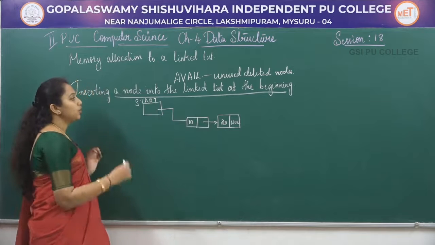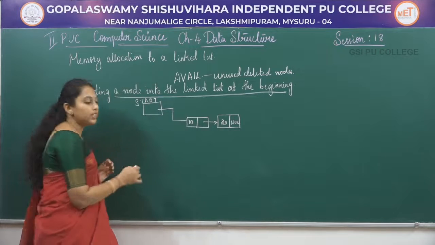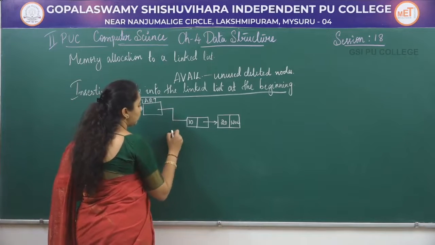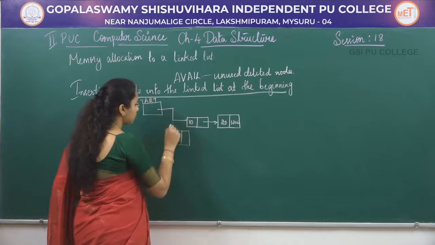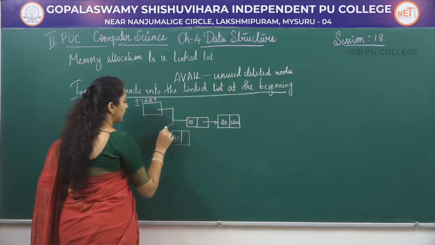So now I want to insert a node at the beginning of the linked list. I want to insert an item called 30 at the beginning of the linked list.